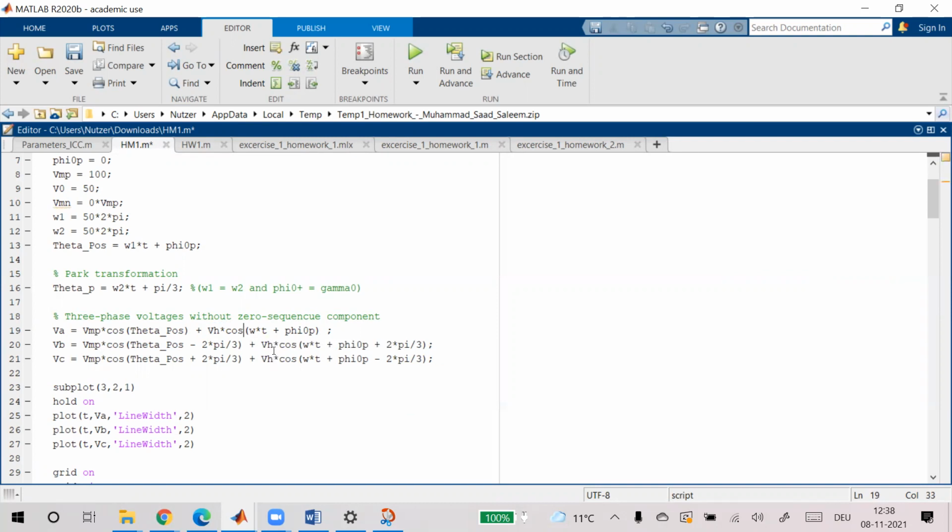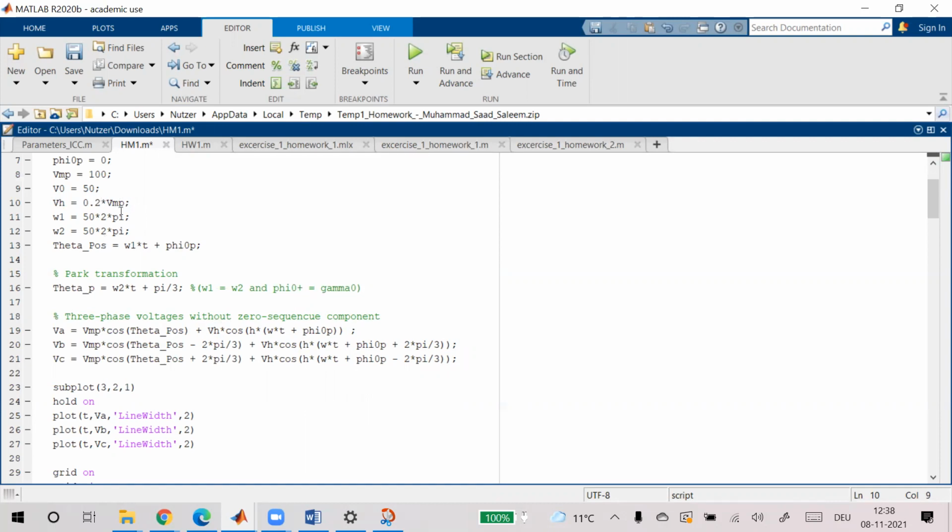And here I multiply with H. Now this is more like a harmonics, and I make this magnitude 20%.